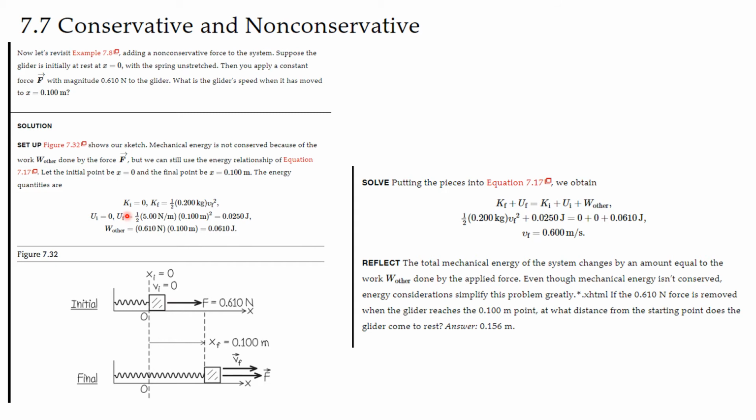So what we have is that the initial kinetic energy is equal to 0. The final kinetic energy is equal to this. And we know that the initial potential energy is equal to 0, and the final one, now this is elastic potential energy. You see there's no changing up and down.